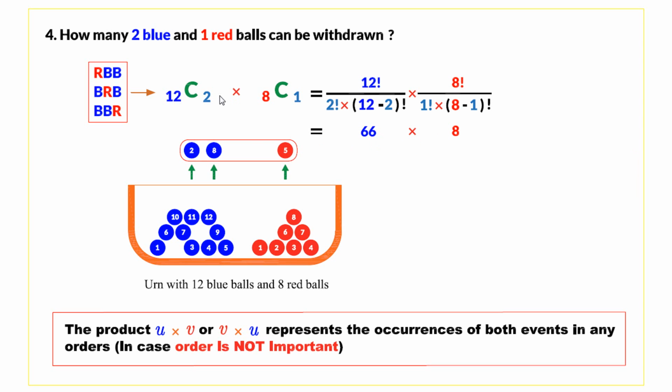So this set here has 66 elements, and each one is composed of 2 blue, and this set here has 8 elements, and each one is composed of 1 red. Now this multiplication will generate 528 elements composed of 2 blue and 1 red according to the multiplication principle.